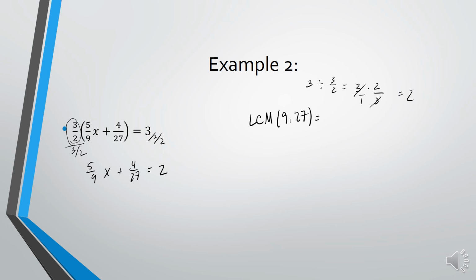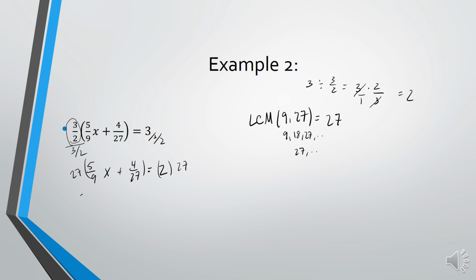The least common multiple of 9 and 27: I could list them out if I wanted to, or you could notice that 27 is a multiple of 9, so 27 kind of has to be your answer. So I'll multiply 27 on both sides of this equation.